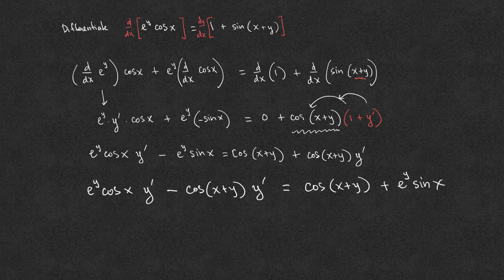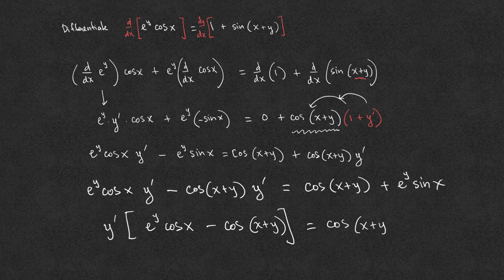We do this because we want to factor out y prime. Factor out y prime, the inside is now e to the y cosine of x minus cosine of x plus y. And then rewrite the right-hand side, which is cosine of x plus y plus e to the y sine of x.